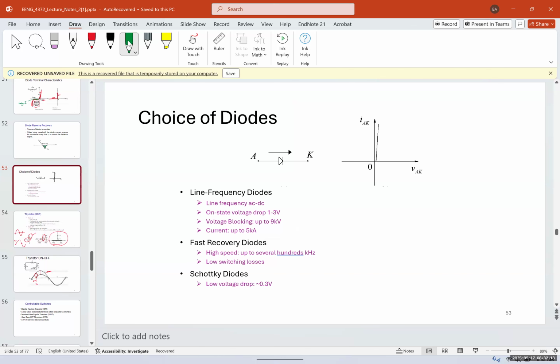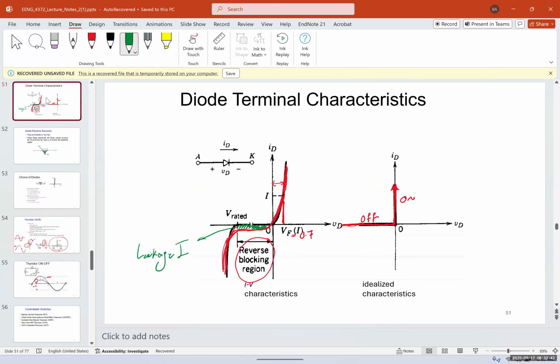As mentioned, we have different types of diodes for different applications. We have Zener diodes, power diodes, signal diodes, and so on. Line frequency diodes are for line frequency AC to DC, usually used in rectifiers. The on-state voltage drop is 1 to 3 volts. The voltage blocking is up to 9,000 volts, meaning the reverse voltage breaking point is around 9K volts.